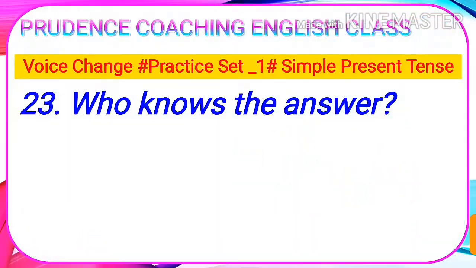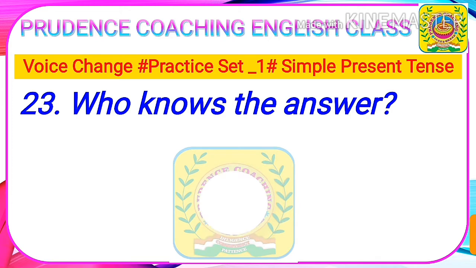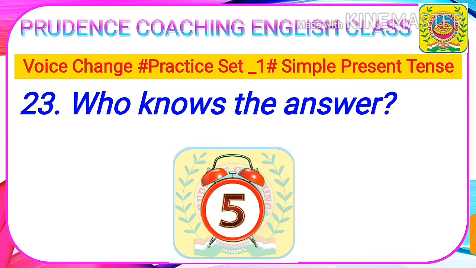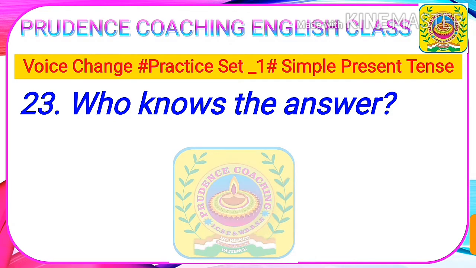Number 23 is: Who knows the answer? As you can see, this is an interrogative sentence starting with a WH word, which is going to be very important for you. So start. Time's up, my dear students. Let us see the answer.